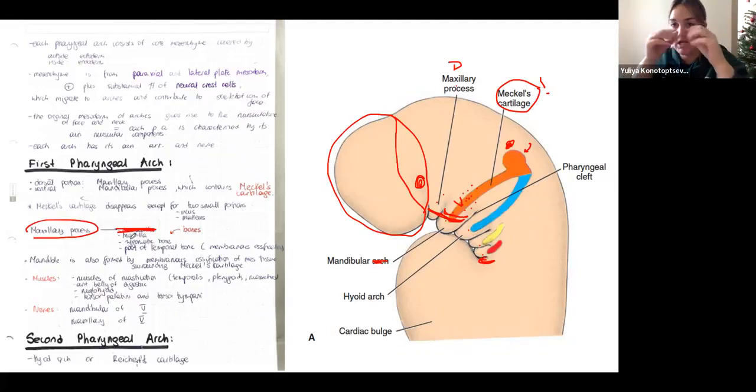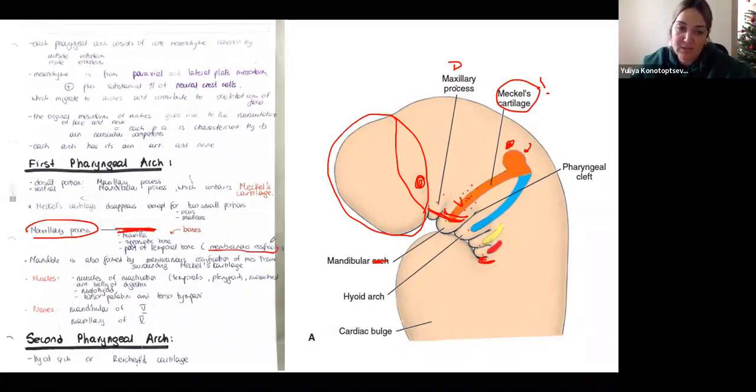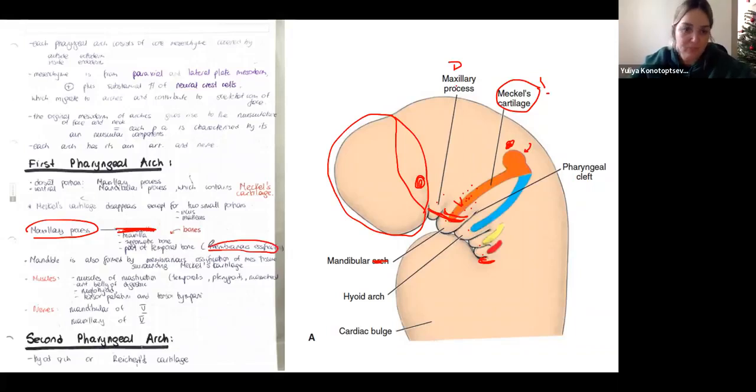Of course, anatomy, just think about it this way, maxillary processes are here. So all of the bones that are going to be present here will arise from maxillary processes. How exactly? Intramembranous ossification.